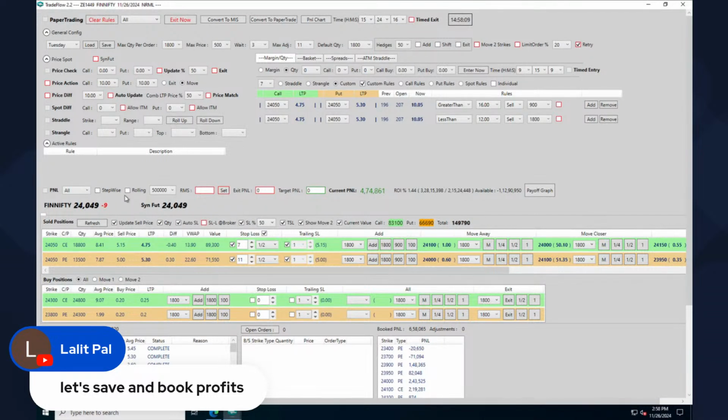Actually, I can set this also. All right, so I will exit the trade in case it reaches 4,50,000.